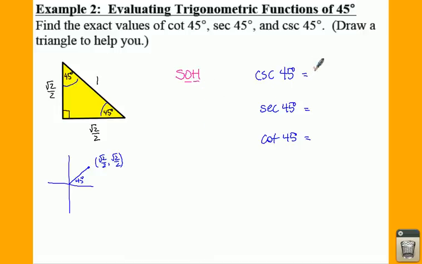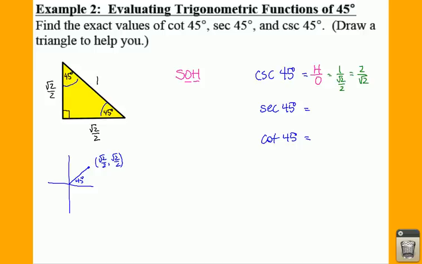So in this case, we're going to have our hypotenuse over our opposite side. So your hypotenuse is a 1 divided by radical 2 over 2. Now you can't leave a fraction like this, so if you just multiply by the reciprocal, you end up getting a 2 over radical 2.